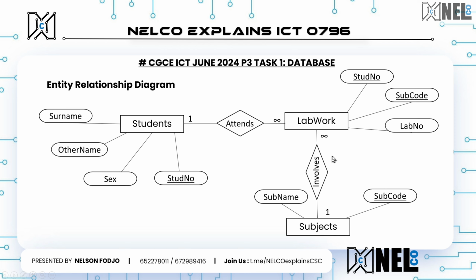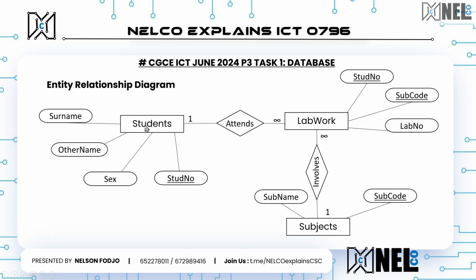Now you can see inside some rhombus in the middle, it is a verb that describes the relationship between one entity and the other, and you can see the cardinality very close to the entities. Now why is this rhombus and the word important? It helps us link the first entity to the second. So someone can come and look at your database, and through your entity relationship diagram, he can just read through it and understand directly what the database is all about.